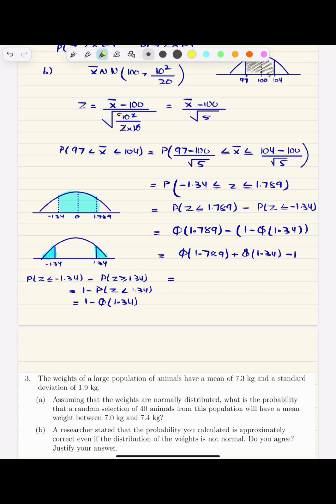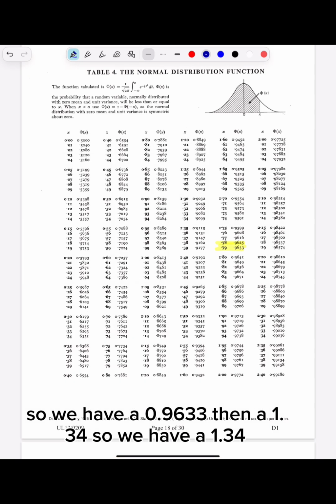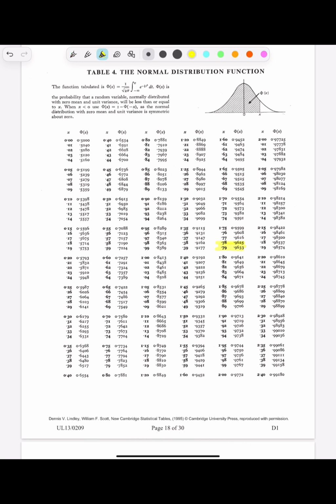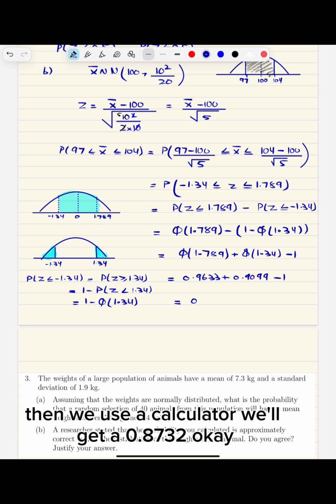Okay, so we have a 0.9633, then a 1.34. So we have a 1.34, 1.34. We have a 0.9099, 0.9099 minus a 1. When we use a calculator, we'll get a 0.8732.